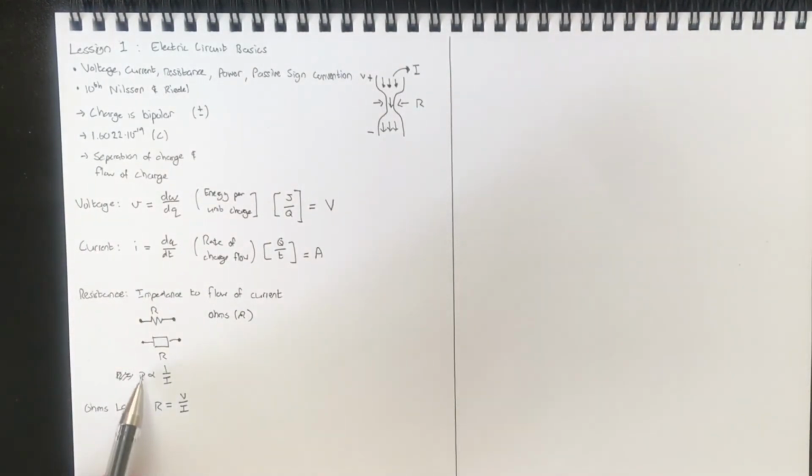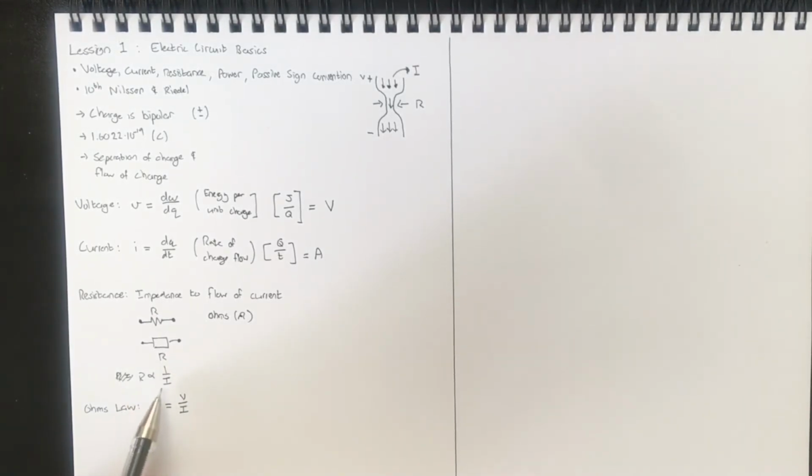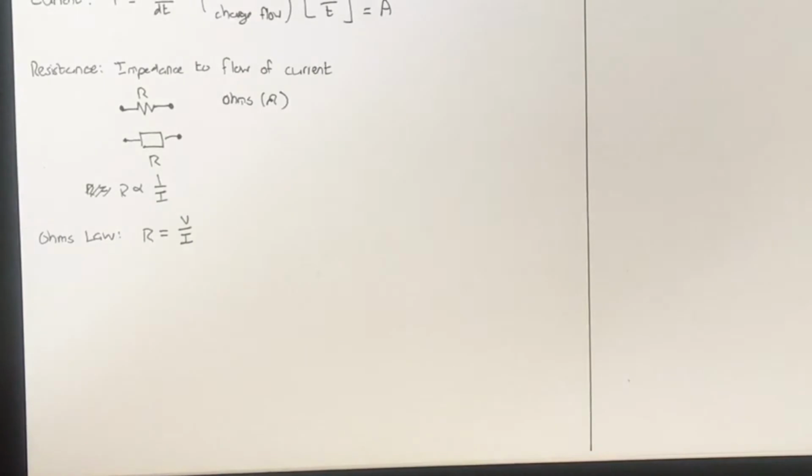So we can see that this relationship still holds, that the resistance is inversely proportional to the current. So the higher the resistance, the less current will flow through a certain element. And these three essentially fight one another to balance the circuit.